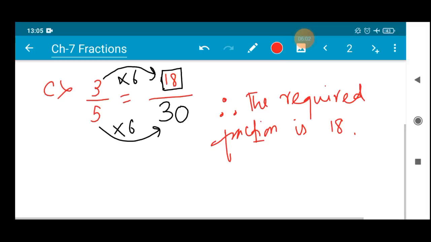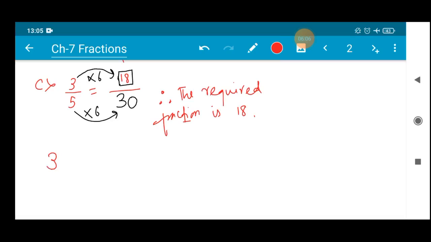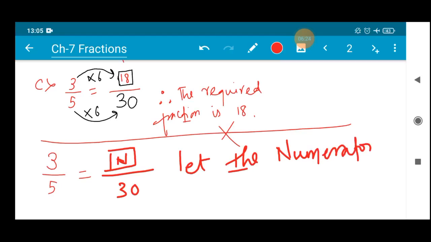So let's use the algebraic method to find the value of n. In order to find this, alternative method I am doing here. So for 3 by 5, we don't know the numerator, right? Let that numerator be n. Whenever you are writing the algebraic method, you have to write this: let the numerator be n.